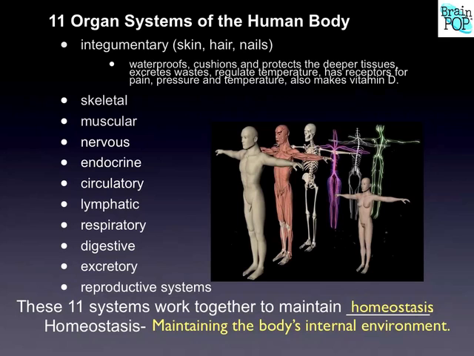And so these body systems work to help maintain the proper levels of all of those various conditions. That's homeostasis. If our body cannot maintain homeostasis, that's when we're sick. Because there's some problem with one of our body systems breaking down and not able to maintain homeostasis.